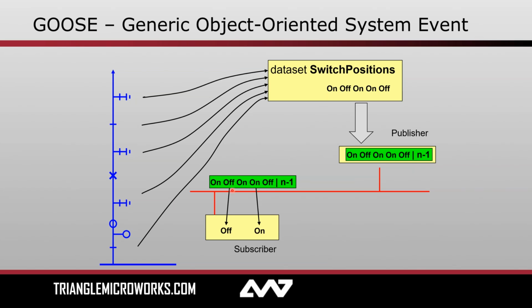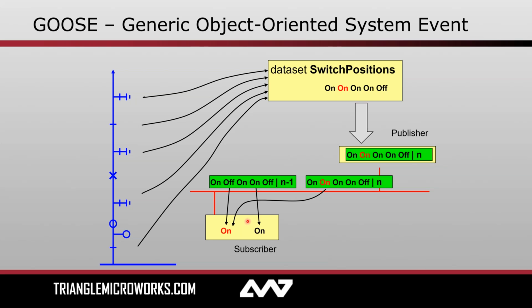This IED will receive that information, and in this case, this subscriber is only configured to need, for his control operations or protection operations, 2 of these switch positions. He'll grab those off the wire, and then some short time later, let's say the breaker changes state and is now closed. This will be captured by a copper wire leading into my IED and then sent out in a subsequent message. My state number changes and it's published out on the wire, and just this change is going to be grabbed by my subscribing IED.